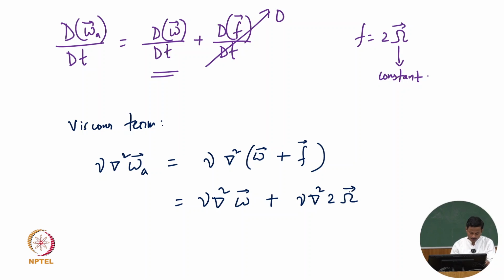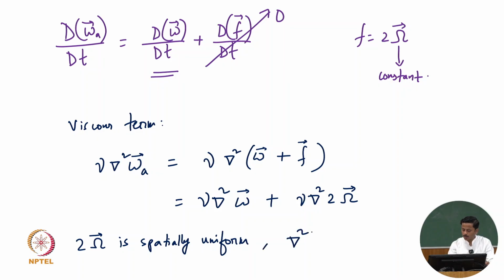Now, given the fact that 2 omega is spatially uniform, the Laplacian of 2 omega is equal to 0.